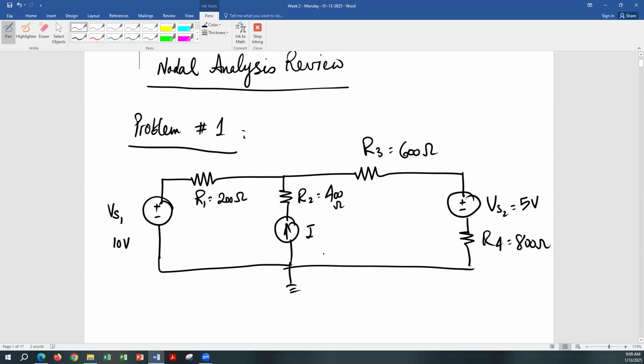Let's call this maybe Ix. Ix. Let's say 10 milliampere maybe.